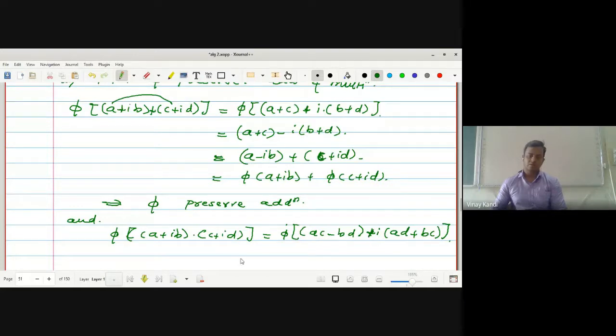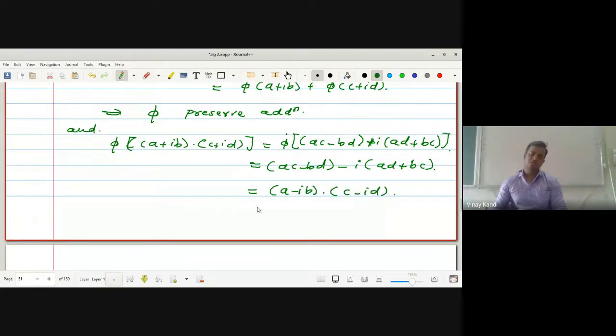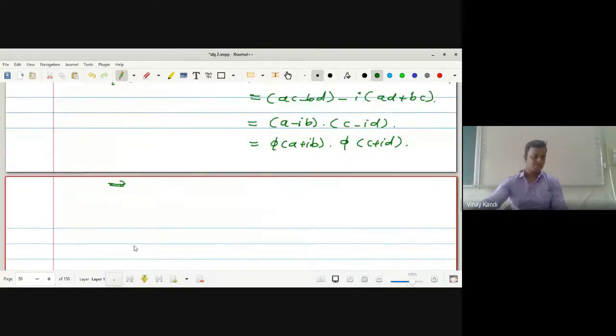By the definition of phi, this is (AC minus BD) minus I times (AD plus BC). So this is (A minus IB) into (C minus ID), which is equal to phi of (A plus IB) into phi of (C plus ID). So this implies phi preserves the multiplication.